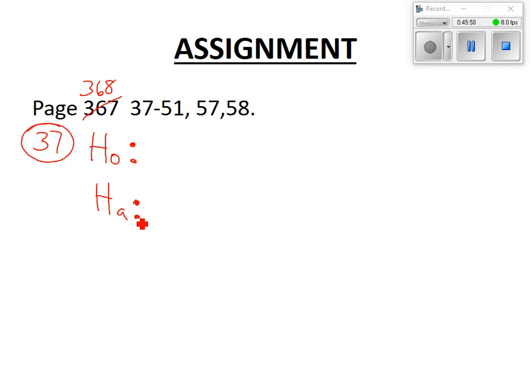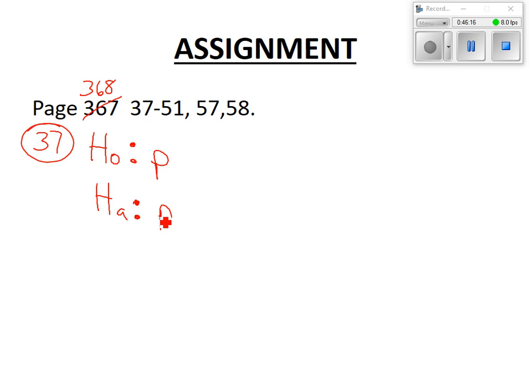At least 14% of all homeowners have a home security alarm. So 14% or more. What symbol are we using first of all? P. So we know it's going to be a P. At least 14%, what does that mean?